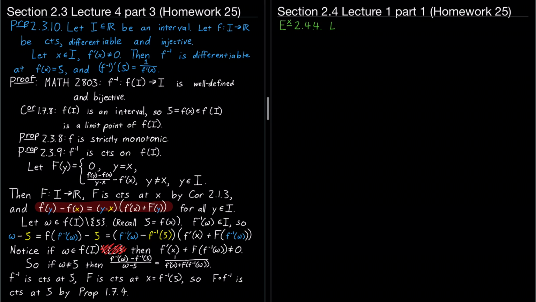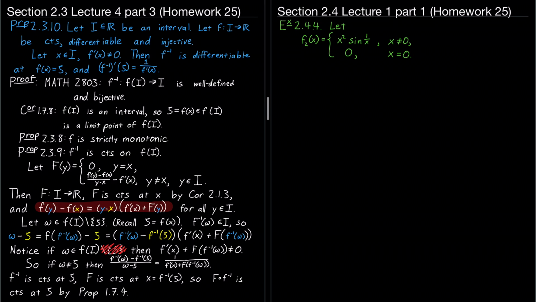So let's define the following function. It's a piecewise defined function. So f2 of x is going to be x squared times the sine of 1 over x if x is not equal to 0, because, of course, sine 1 over 0 is no good, and it's going to be 0 if x is equal to 0.